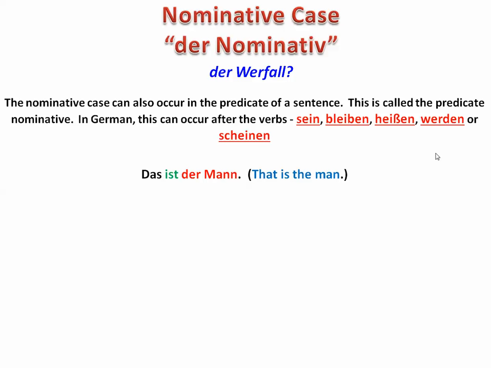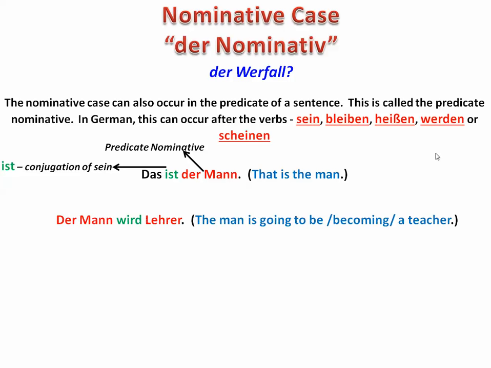Okay, so das ist der Mann. Here we have der Mann is nominative, and because it comes after a conjugation of the verb sein, in this case ist, which I've highlighted in green. The man is the predicate nominative, basically. Another sentence, der Mann wird Lehrer.